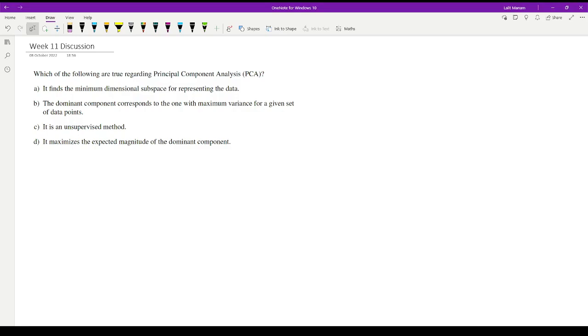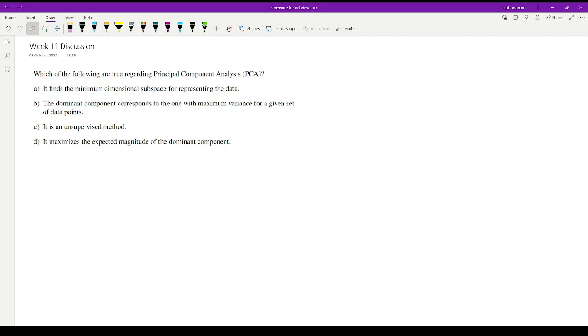Representing the data in lower dimensions with the same variance and mean. Not really the same variance always, but yes, we would like to represent the data in the lower dimension because we believe that things are placed in a lower dimension subspace. It's just that we have represented it in a higher dimension space.